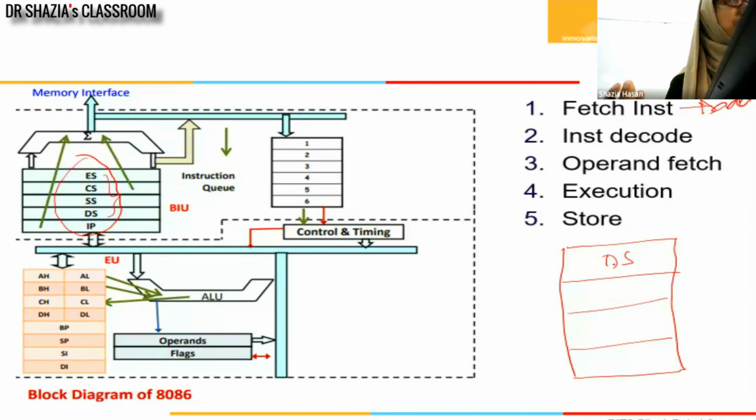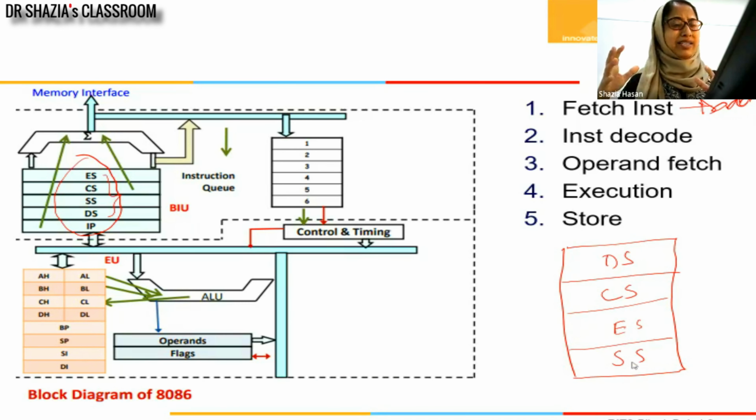Data segment is used to store data. Then the next 256 KB I have reserved for the code segment. Whatever program you are writing should be stored in the code segment. Whatever data operands we are storing should be stored in the data segment. Then we have the extra segment: the next 256 KB I have reserved for the extra segment, and the last 256 KB, let us assume, for the stack segment.